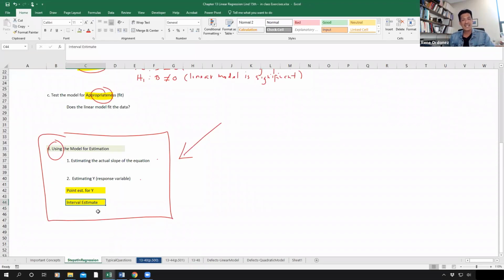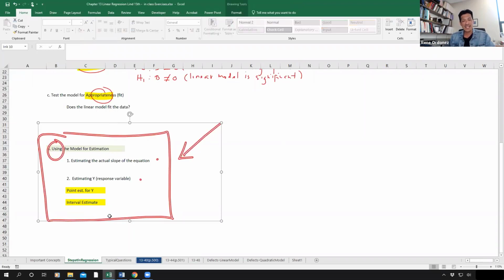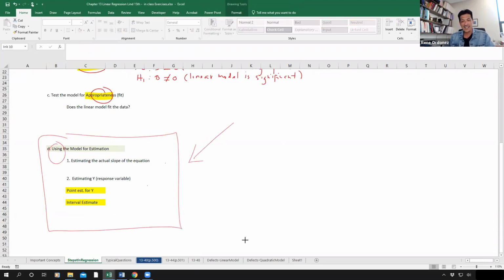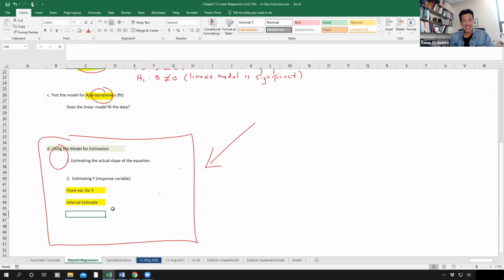For the interval estimate, there are two kinds. The first is known as the prediction interval estimate, and the other is known as the confidence interval estimate.